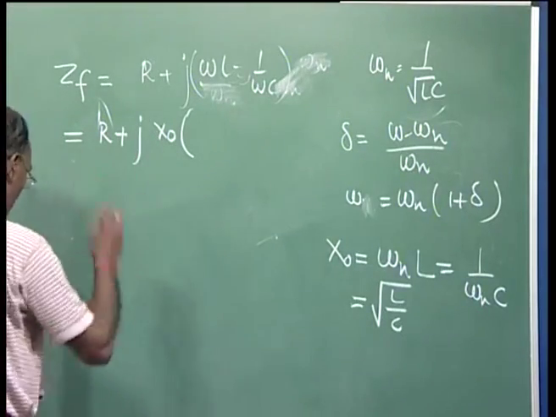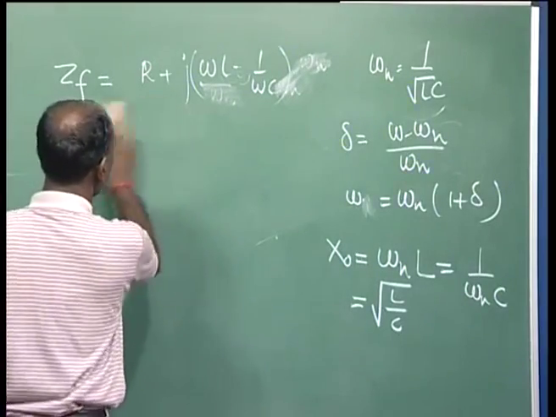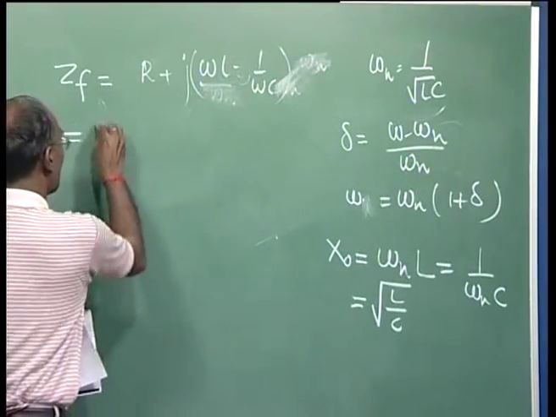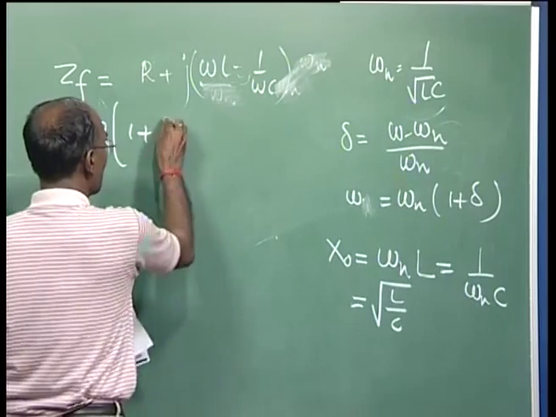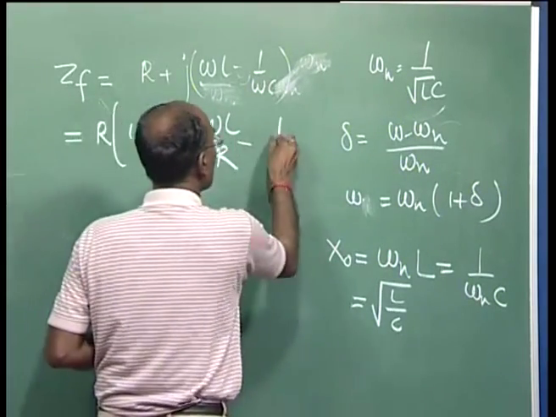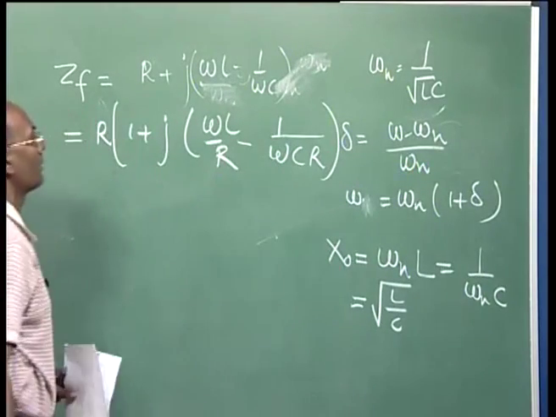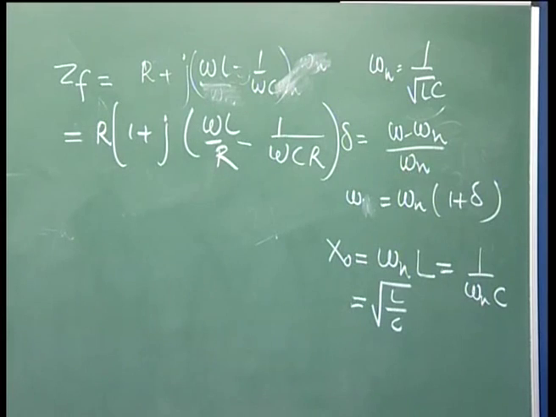We can take R outside first, or we can use it in terms of quality factor also. So we can say here it is R times 1 plus j, omega L by R minus 1 by omega C into R. It is better to use it in terms of quality factor.